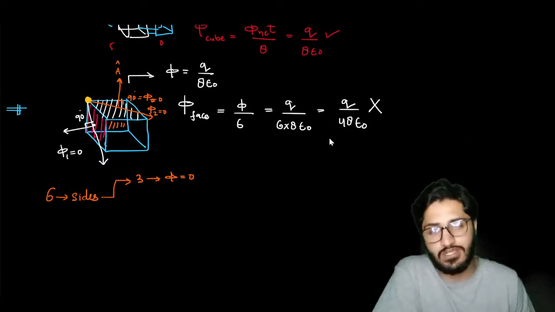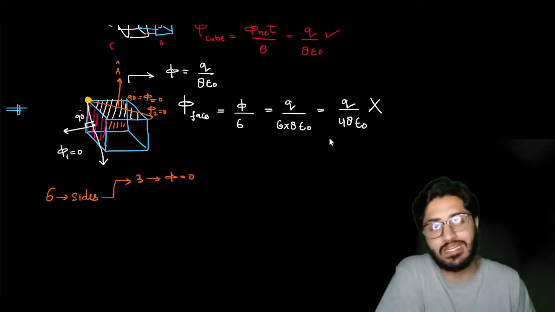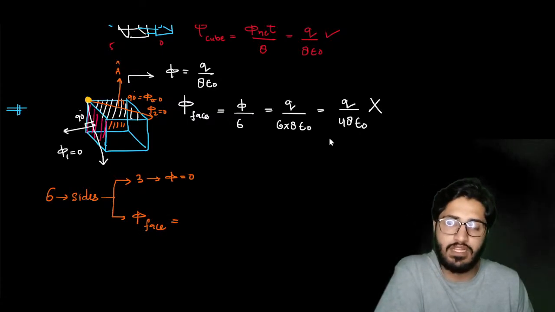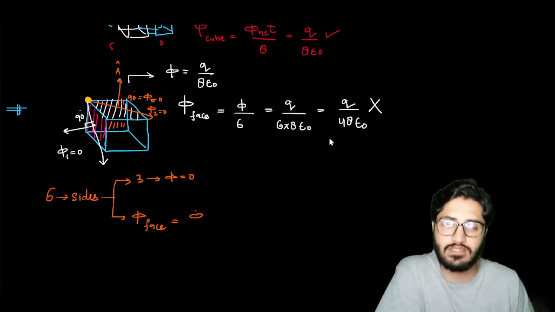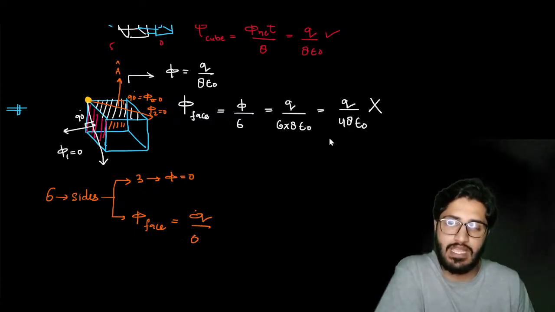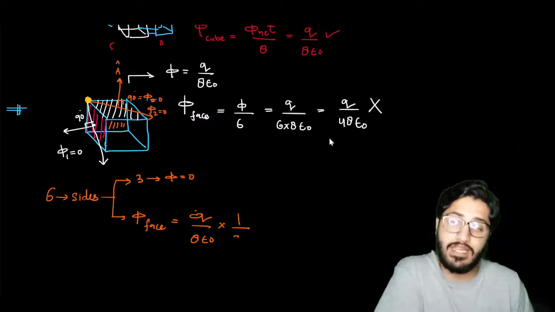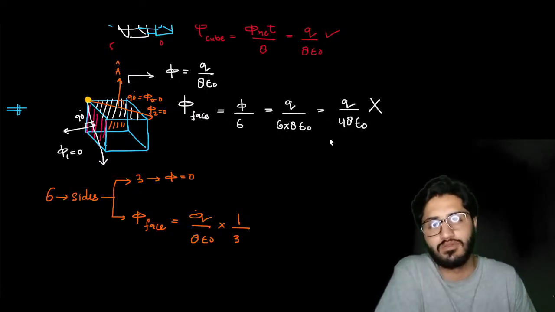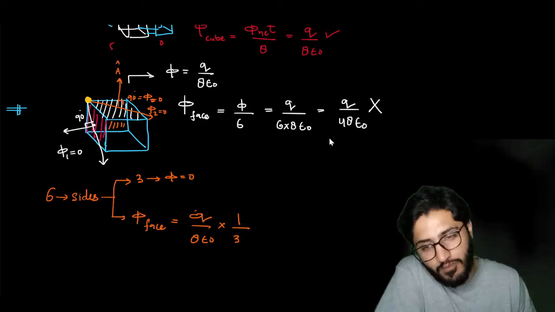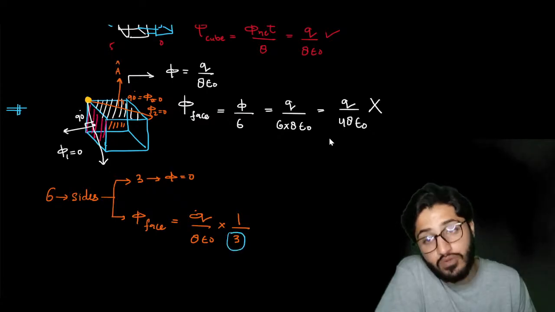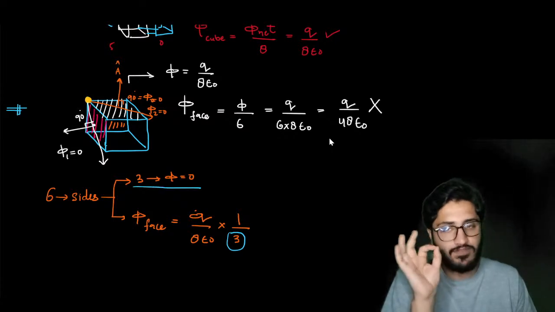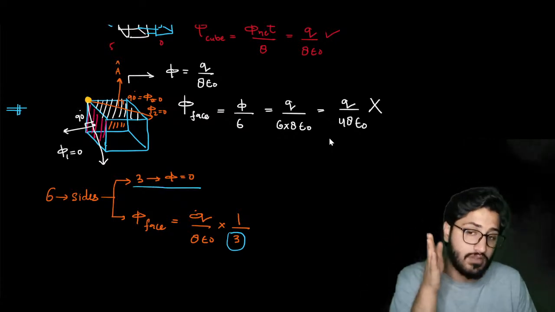So can I write now the flux through each face is equal to the whole flux, that is q divided by 8 epsilon naught, into 1 divided by 3, 1 divided by 3 only. You know why? Because my flux is only divided into 3 parts. Because on 3 of the 6 faces, flux is 0. So the whole flux is going through 3 faces only, right?